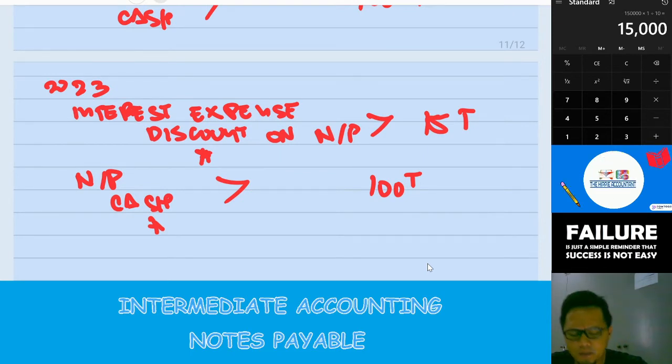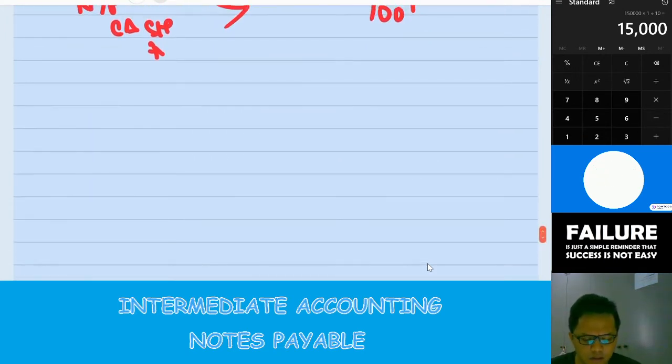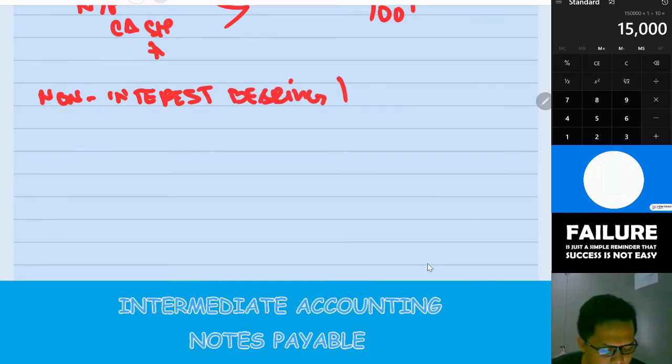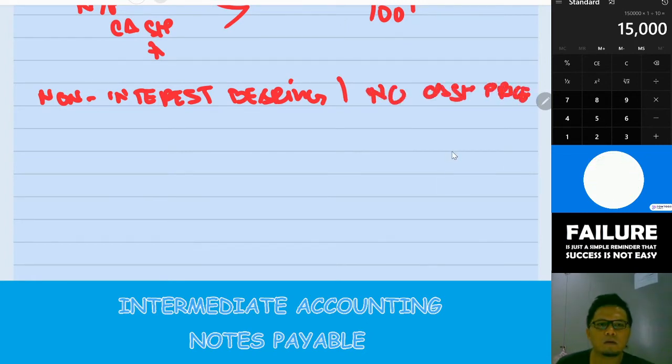Pag given yung cash price. Now, the next issue that we are to encounter with notes payable is, what if non-interest bearing pa rin, pero this time, no cash price. Okay? So, point is, if this is now the scenario of the note payable issue, walang cash price.